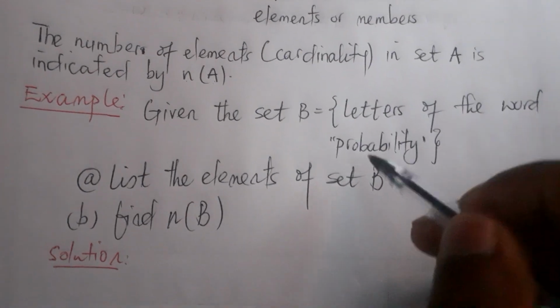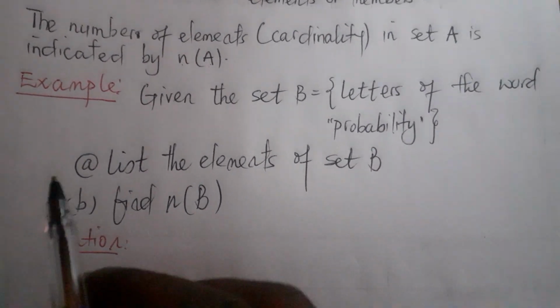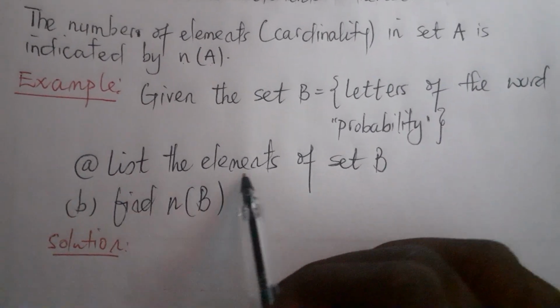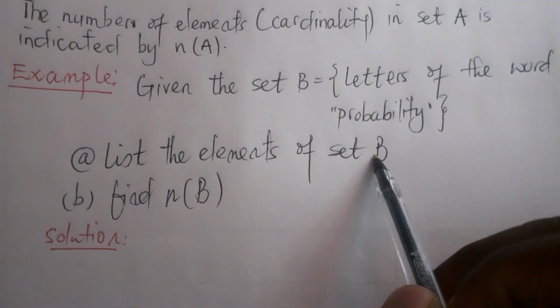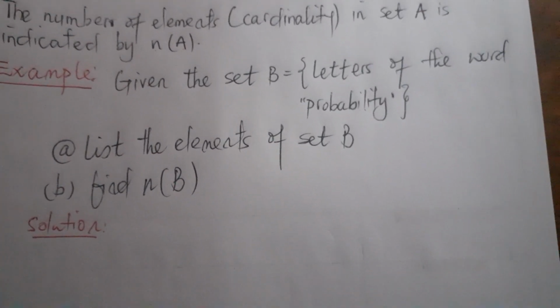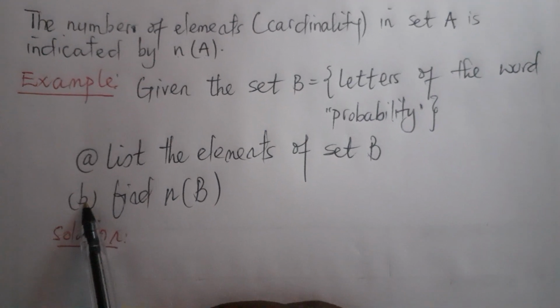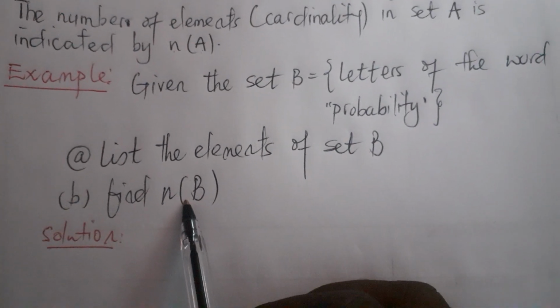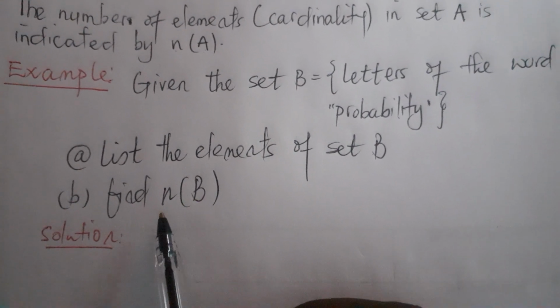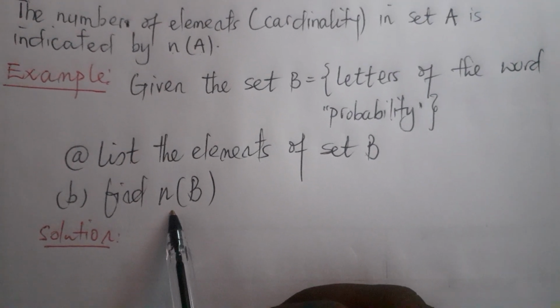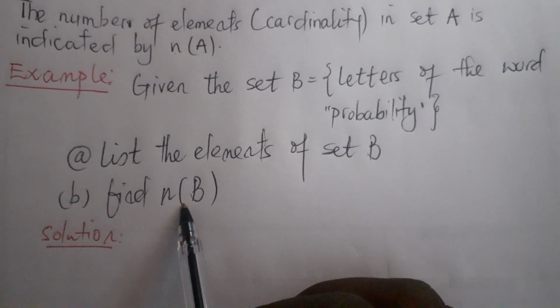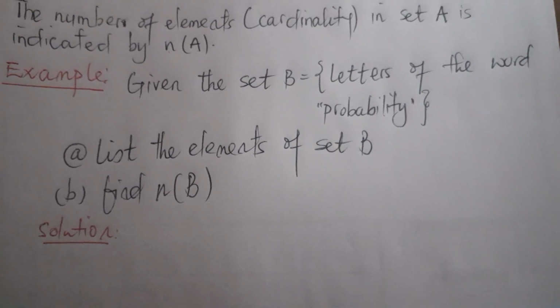Now here we have the word probability. Now the question is asking, A, list the elements of set B. And then B, we have to find the cardinality of set B. In other words, we have to determine the number of elements of set B.